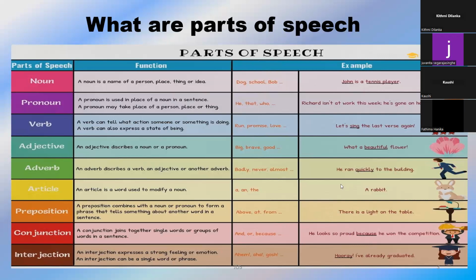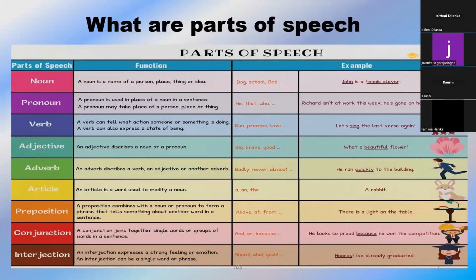Wow, oh, ouch, right? All those come under interjections, right? So different expressions that people let out. It can be related to a happy situation or it can be related to something painful.